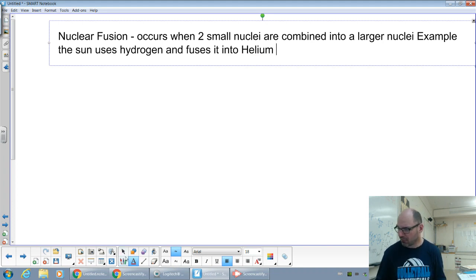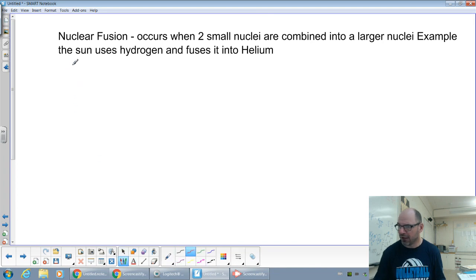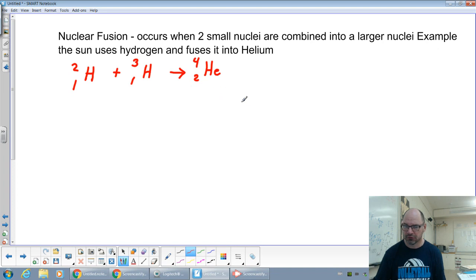What the fusion reaction looks like is hydrogen isotope 2 plus another hydrogen. This one has an extra neutron in it. Those things combine together and they produce helium 4 and an extra neutron. So neutrons are being released as well. Plus energy.